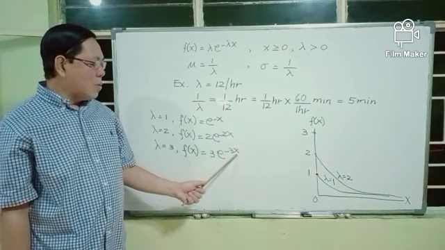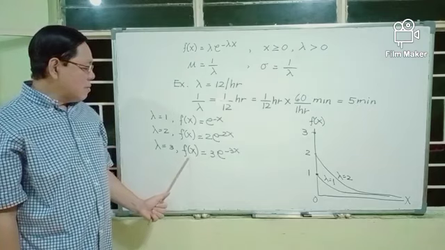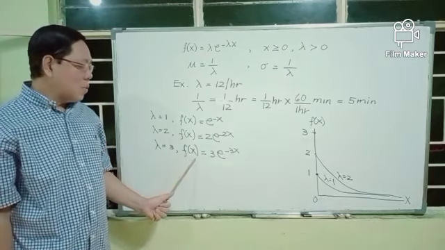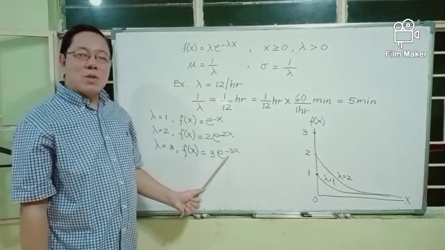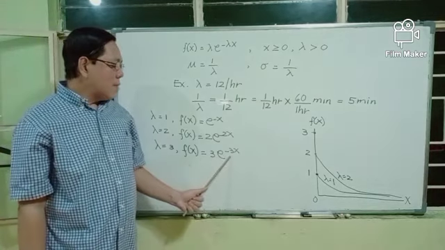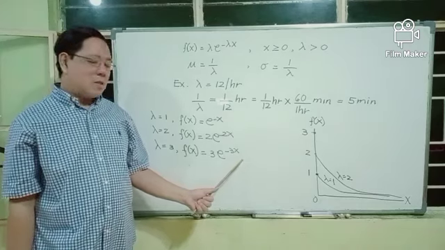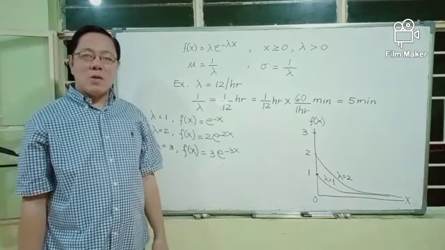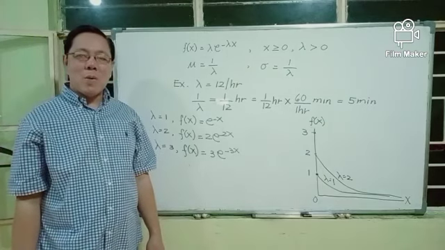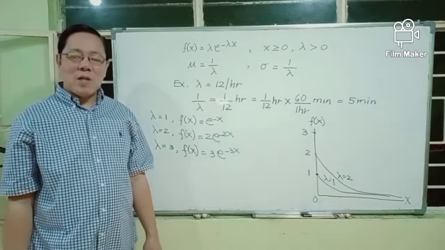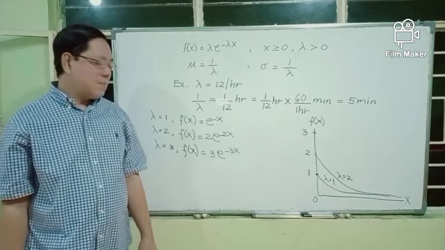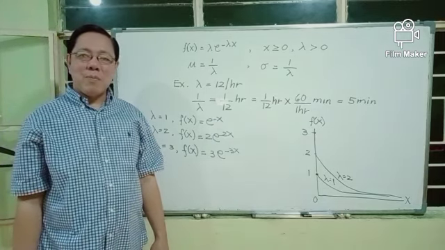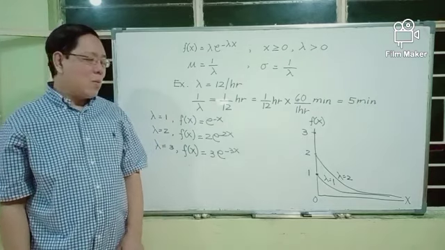When x is 2, the value of the probability density function f of 2 equals 3 times e to the minus 3 times 2. Minus 3 times 2 is minus 6, or 3 times e to the minus 6, or 3 over e to the power 6. And that's even lower than 3 divided by e to the power 3 when x is 1.